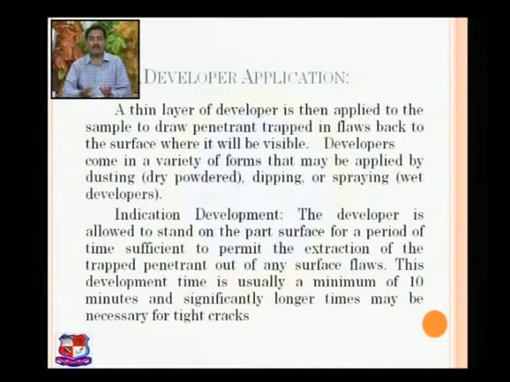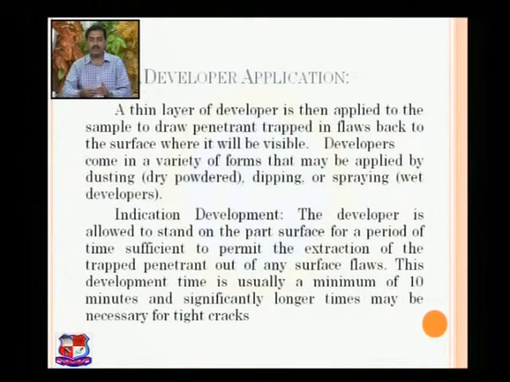The penetrant and another material composition will react and show a change in color. So for that we need a developer material, which we are going to sprinkle, spread, or dip the specimen into, so that the penetrant material and developer material react and show the indication.